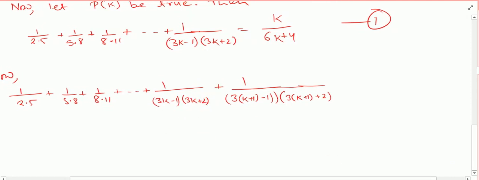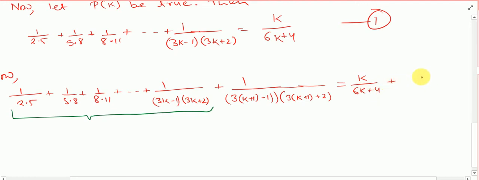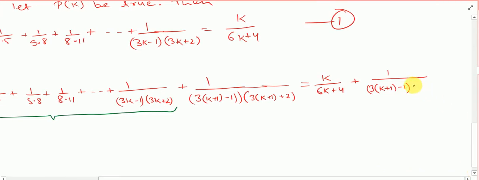Now using equation 1, this much is equal to k upon 6k plus 4. So you can write this is equal to k upon 6k plus 4 plus 1 upon 3 times this.